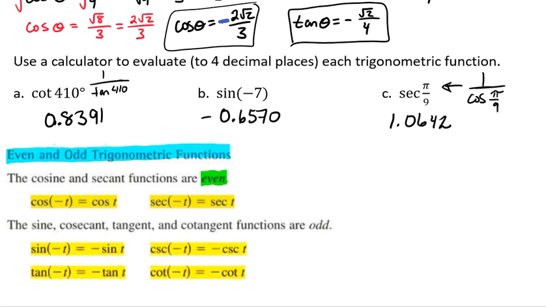And then our sine, cosecant, tangent, and cotangent functions are going to be considered odd if we say that the sine of negative t equals the negative sine of t, the cosecant of negative t equals the negative cosecant of t, the tangent of negative t equals the negative tangent of t, and the cotangent of negative t equals negative cotangent of t. Again, having them be even and odd is helpful for when we are evaluating trig functions and simplifying trig functions.